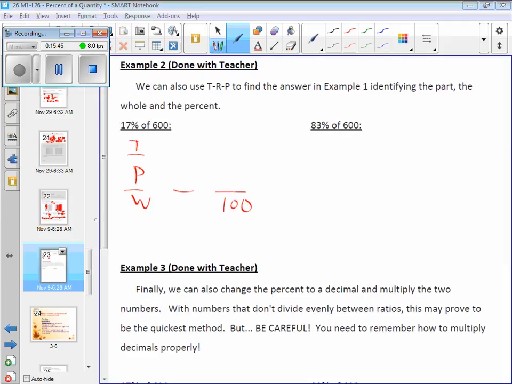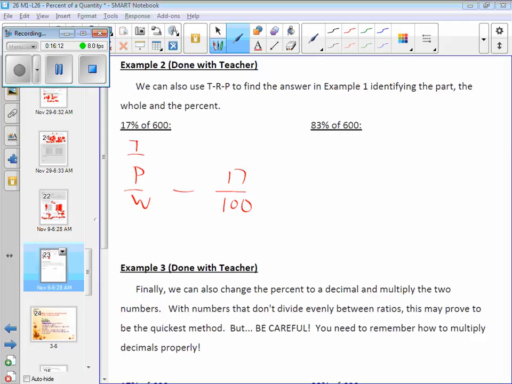Where does 17 go? Where does 17% go? Nick. Over the 100, right. Percent's always married to that last ratio. All right, 17 over 100.